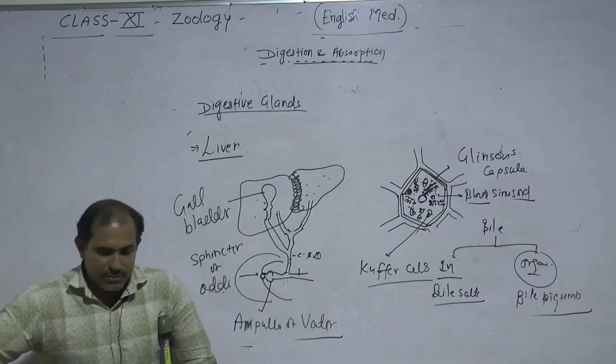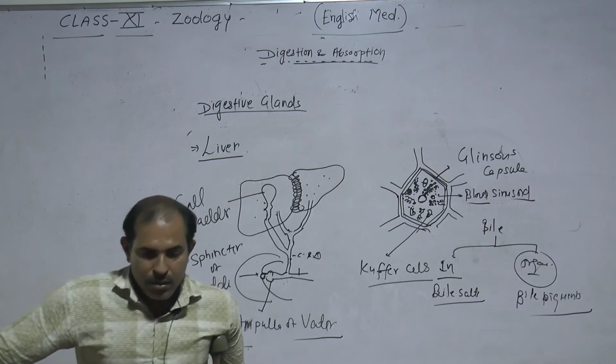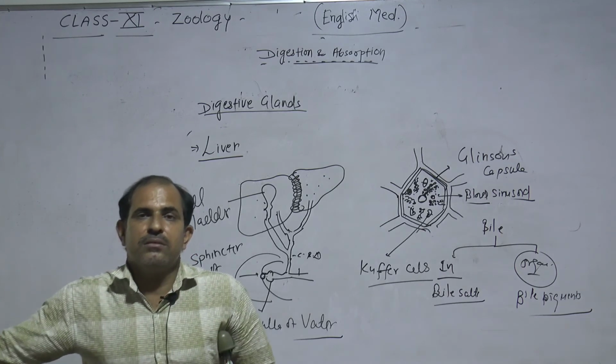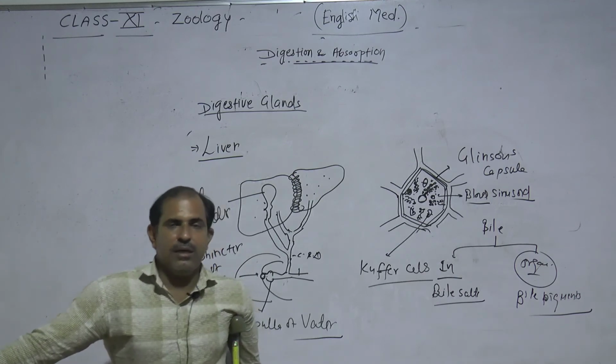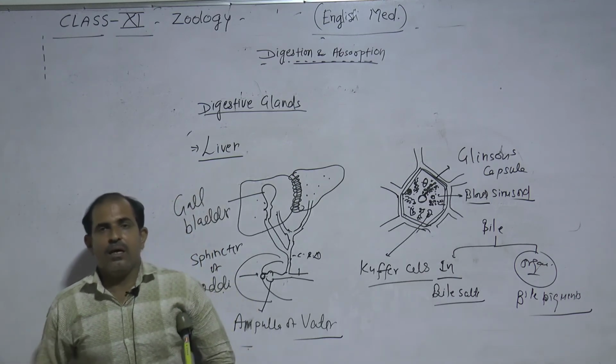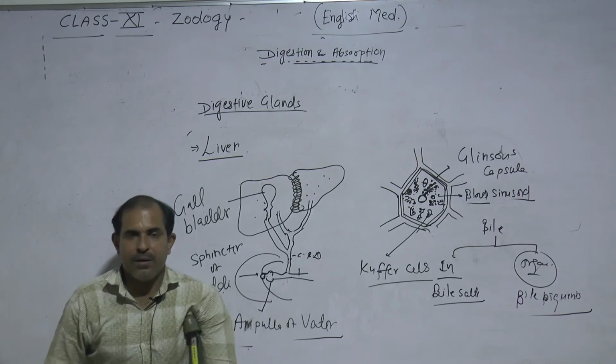Okay, now this is the liver, and recall it again. The liver is the largest gland of the body, and the liver is present in the abdominal cavity under the diaphragm.